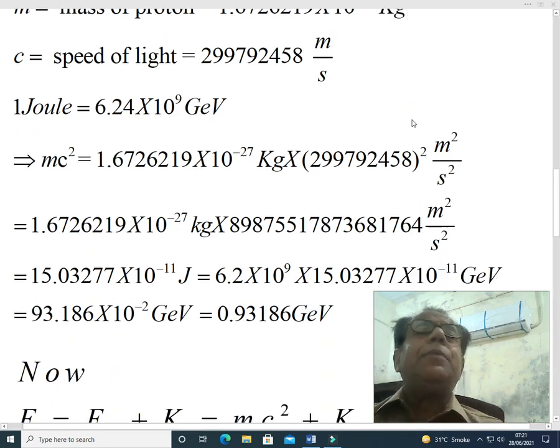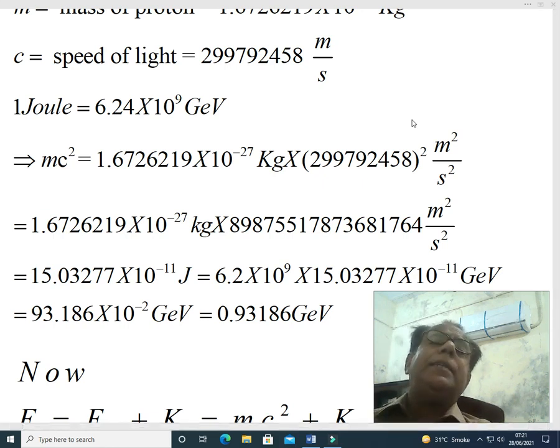We also know that 1 joule is equal to 6.24 into 10 raised to the power 9 giga electron volt. Dear students, actually our result will come in joule energy, and then we will convert it into giga electron volt, because one energy is given in giga electron volt, so this will also become giga electron volt, and it will be added to that value, and we will get the final result.